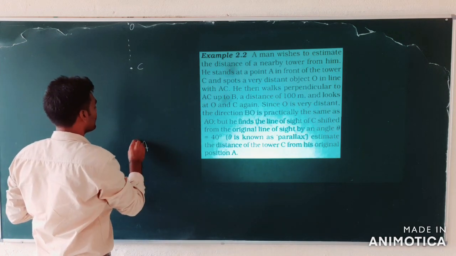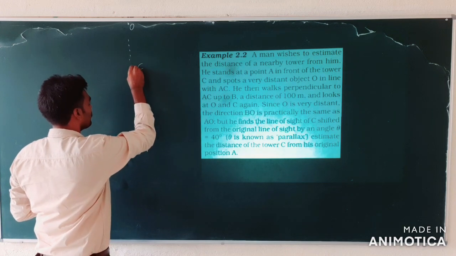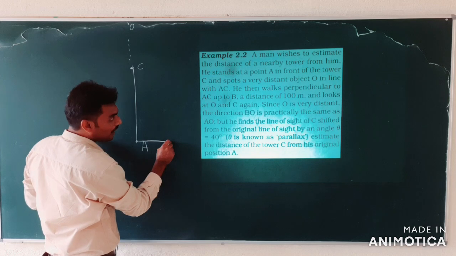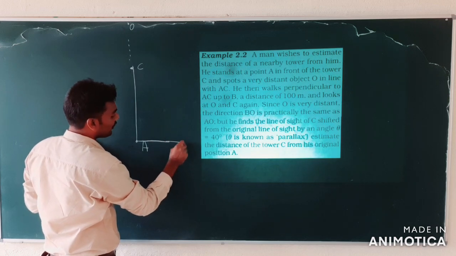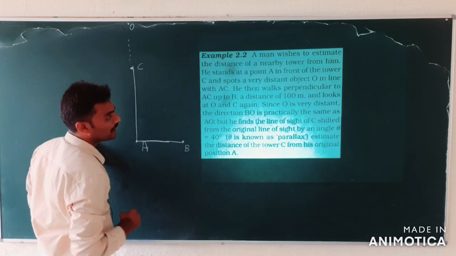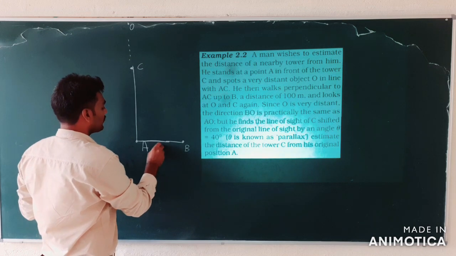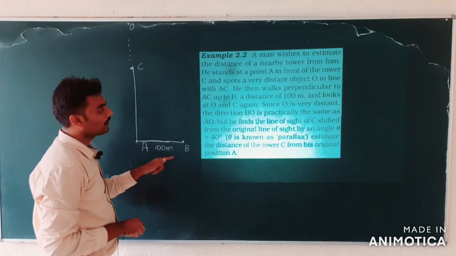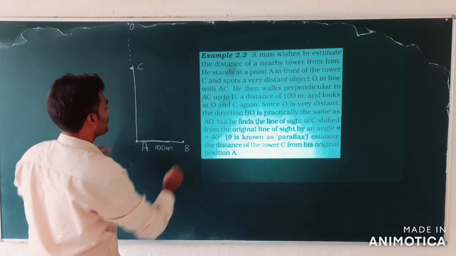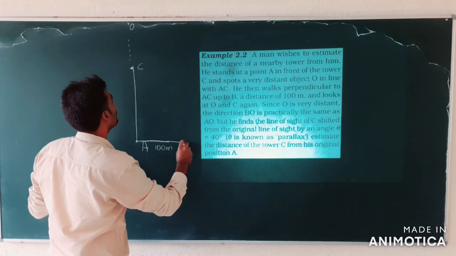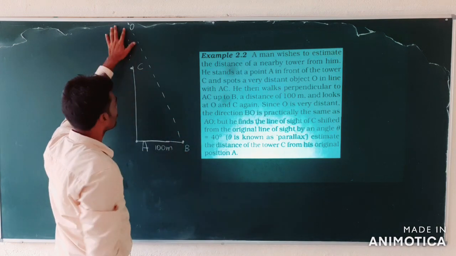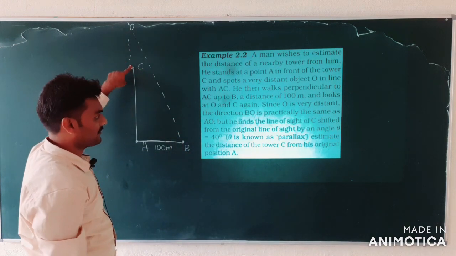This is the line AC, and the person walks perpendicular to AC up to a point which is called B, at a distance of 100 meter. From this position, he looks at O again, and he also looks at C.